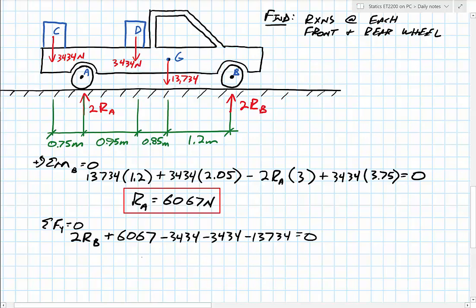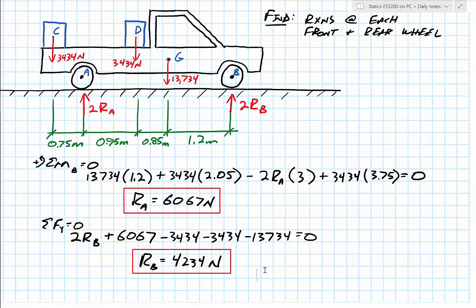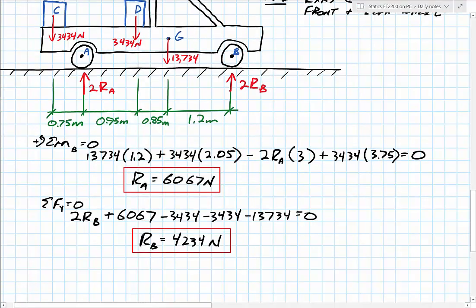Set the whole thing equal to 0, and I end up with a reaction at B of 4,234 newtons. So if I were designing a wheel bearing or tires and wanted to know the weight on each tire, I could find it from this using statics, and I find that on each wheel, I have 6,067 at A and 4,234 at B.